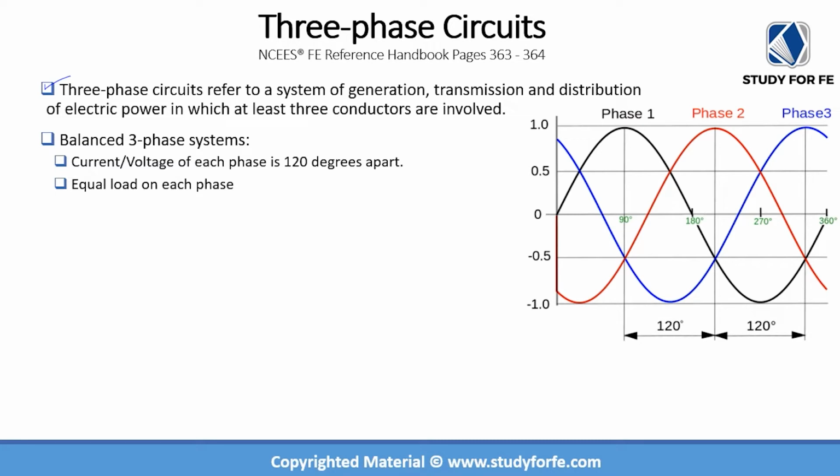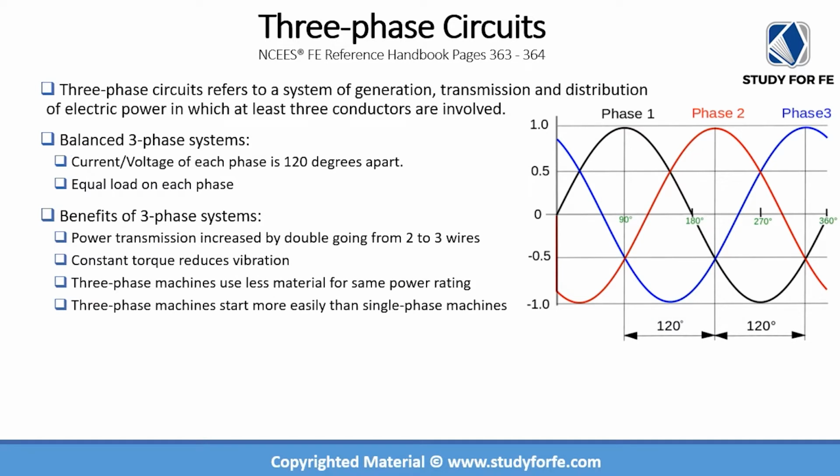And a balanced three-phase system is the one in which the current and voltage of each phase is 120 degrees apart and there is equal loading on each phase. So the diagram on the right shows phase 1, phase 2, and phase 3. You see that they are 120 degrees apart and the amplitude of each of these phases is identical.